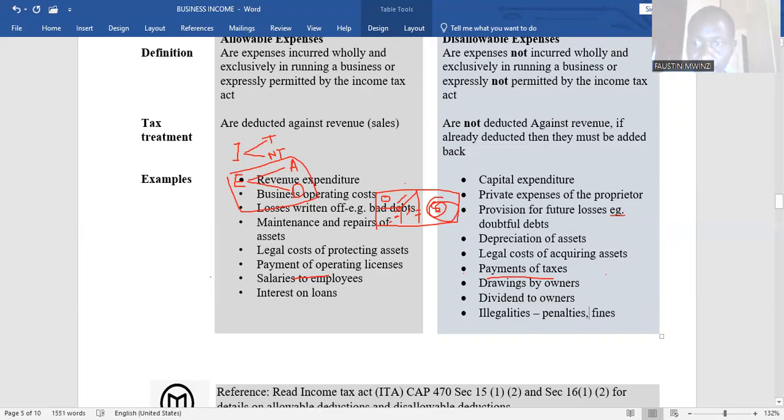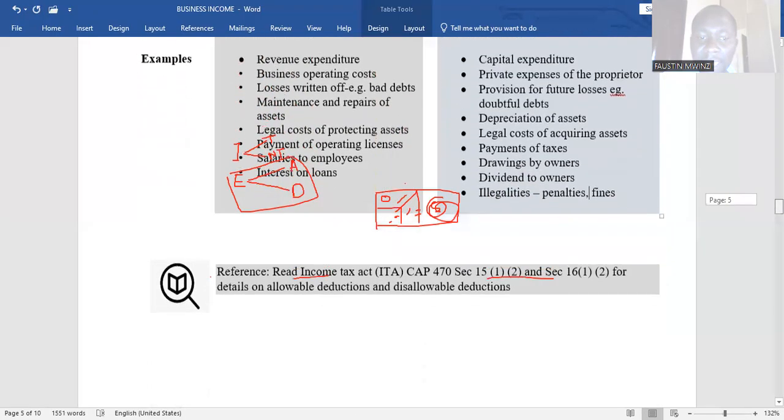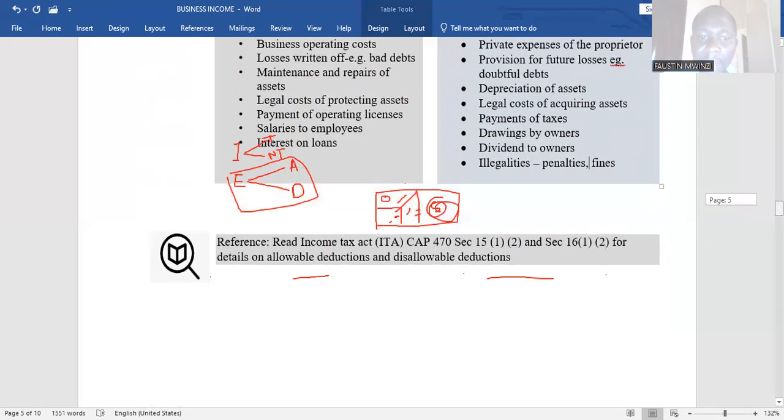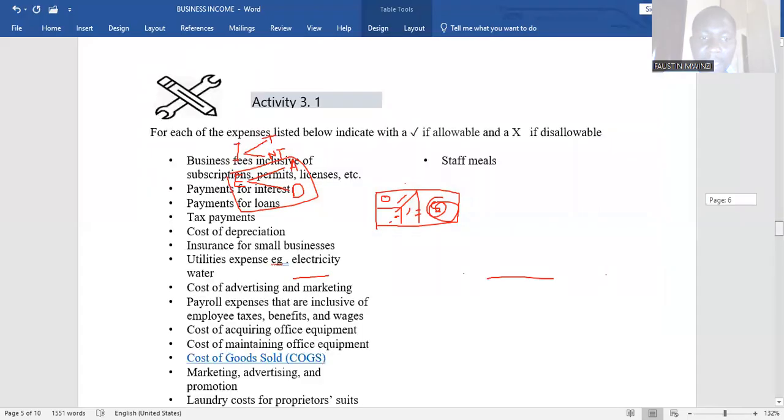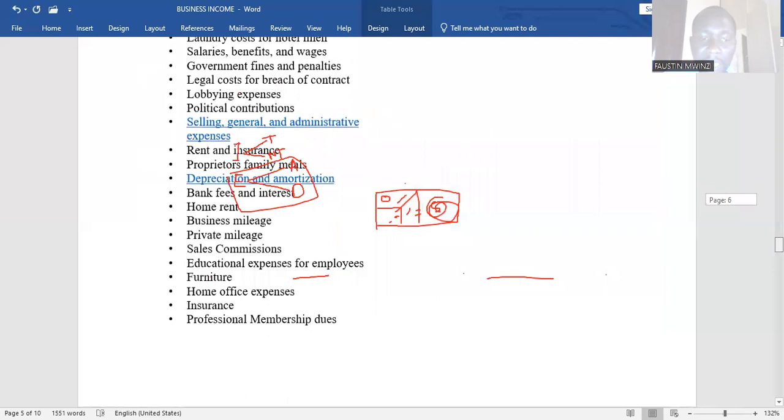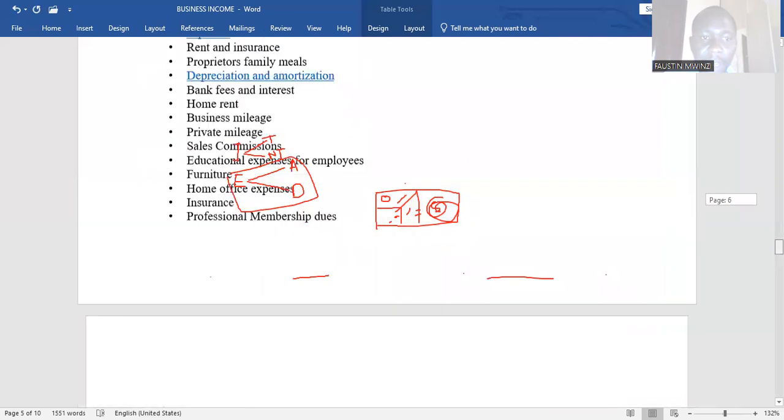You see that? Those expenses will not be allowed. So start forming the idea in your mind that there are some expenses that are allowable and others that are not allowable. Now, let's go here.